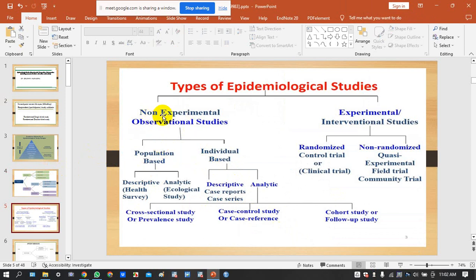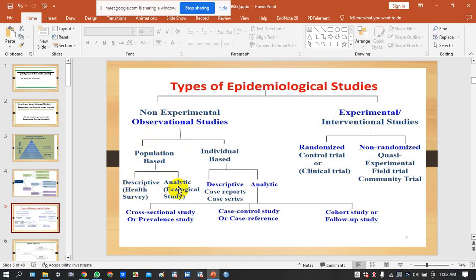So when we come to the non-experimental, meaning that you are not going to administer a drug or any condition, over here we look at the population-based study. An example is the descriptive health study, which the Ghana Health Service has been using often. We also have ecological study.